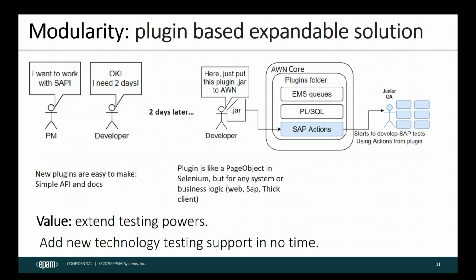In a nutshell, a plugin is just a jar file implementing some interface, which you can use by simply putting it in a specified folder inside AWN. After that, every software testing engineer can use actions from that plugin. We already have a lot of plugins out of the box, but it is easy to add your own to reuse later on other projects.